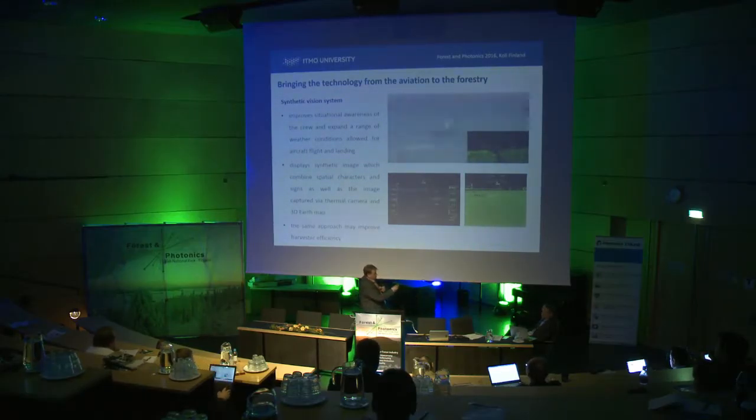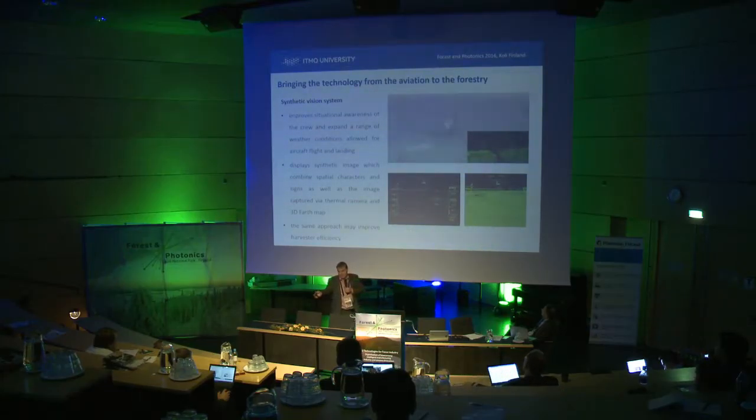You can see typical two image from head-up display. This is image with special characters in weather condition when you cannot see anything behind the window. And in that condition, actually you cannot land an aircraft.